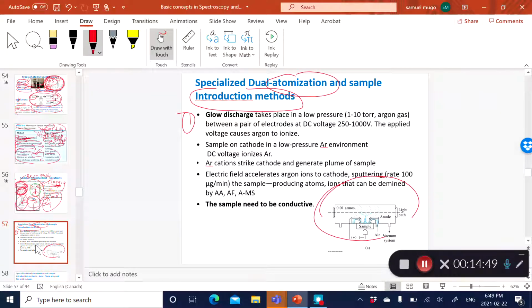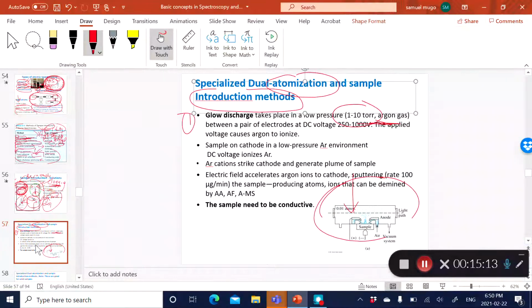You've got a cathode, and you coat the cathode with a sample of interest. Then you introduce this coated cathode into a chamber that is pressurized, containing argon gas at a pressure of around 10 torr.